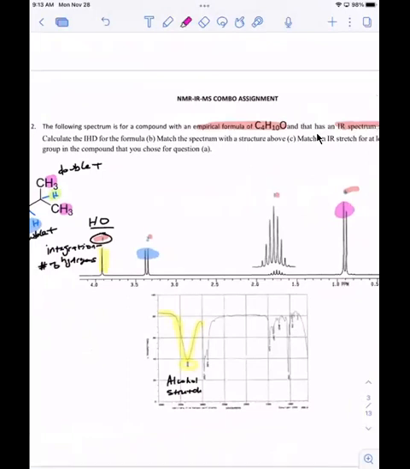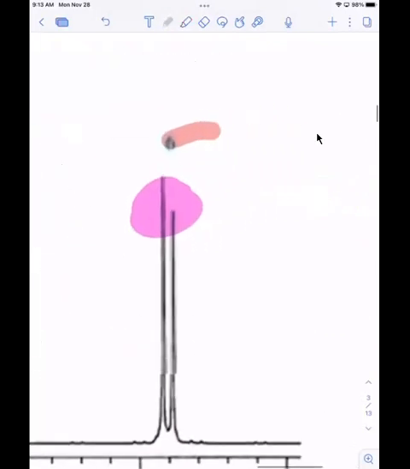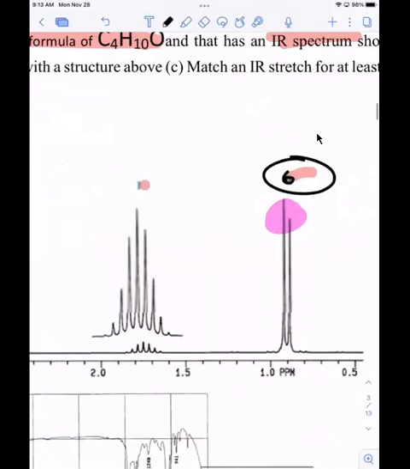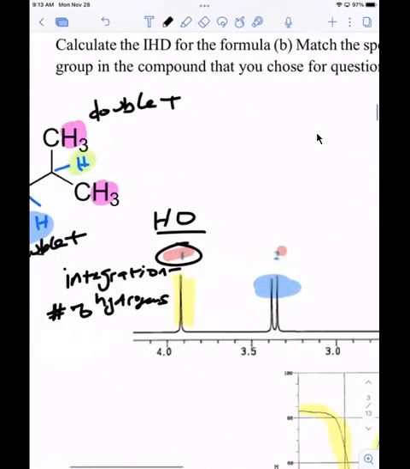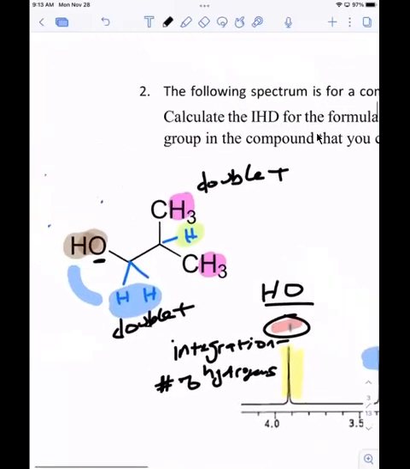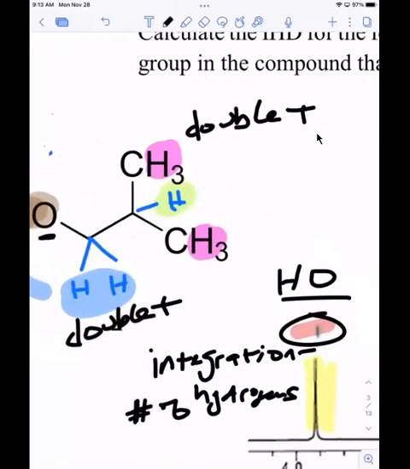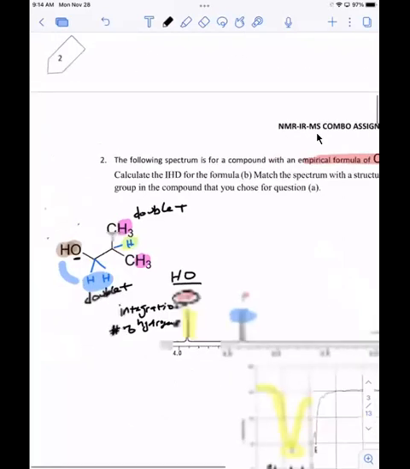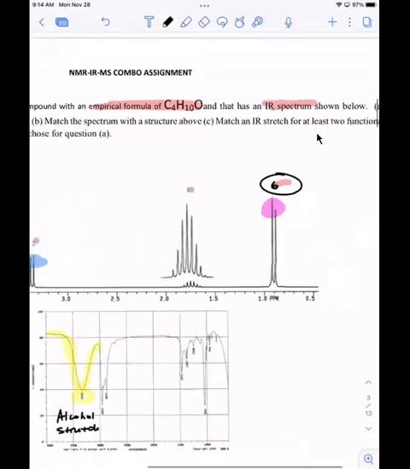And if you look at the integration, it's integrating for 6 protons, which makes sense because before we left, when we went through and found all the non-equivalent hydrogens in this example, we said that the CH3s were equivalent. So they're not going to generate separate signals. They're both represented by the same signal. So that signal is here at 0.9, and it's a doublet, which you expect.